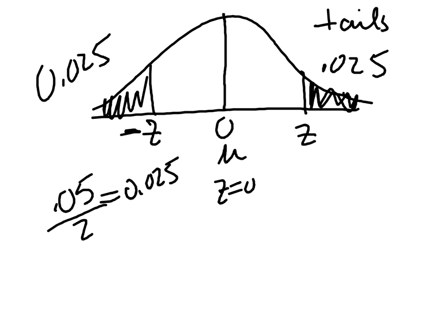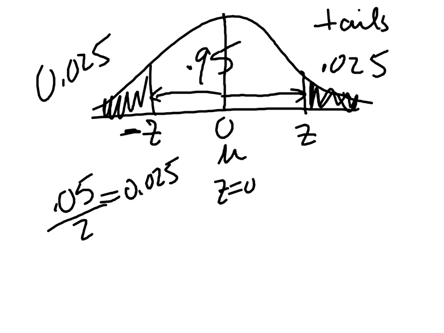So if they're equidistant from the mean, in other words, if this distance equals this distance, keeping in mind we have symmetry on our graph, then that 5%, this represents, of course, the other 95% of the graph, and dividing that 5% into two separate tails means each tail has a 0.025 area.